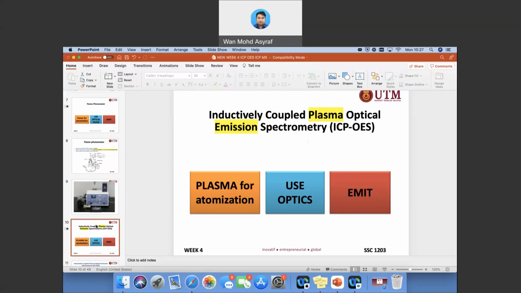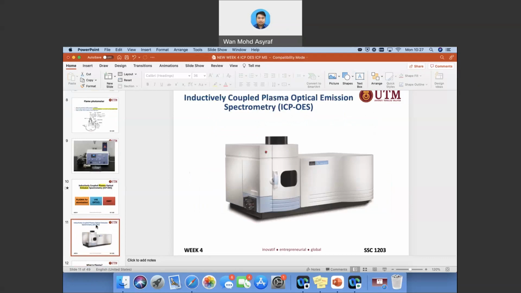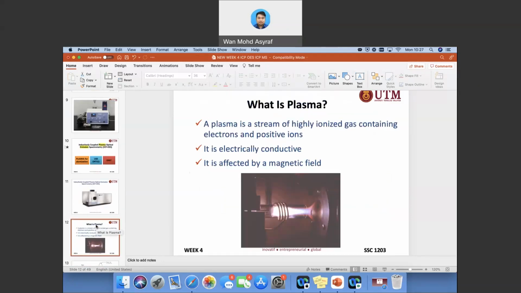So your analyte will be the source of radiation, where it will emit a characteristic emission wavelength for it to be detected by a detector. It is still the same, but now it uses plasma as compared to flame photometer uses flame. Okay. So now this is an example of ICP-OES instrument, okay, is quite big.